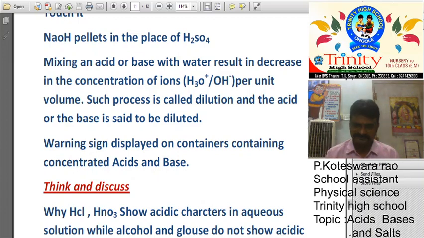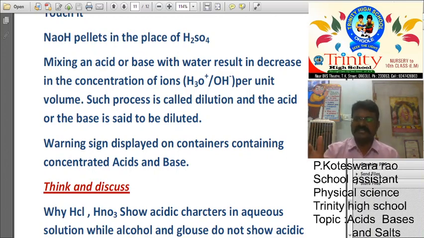Most important, one more question. Define dilution. What is the definition? Mixing an acid or base with water, resulting in a decrease in the concentration of ions per unit volume, is called dilution.